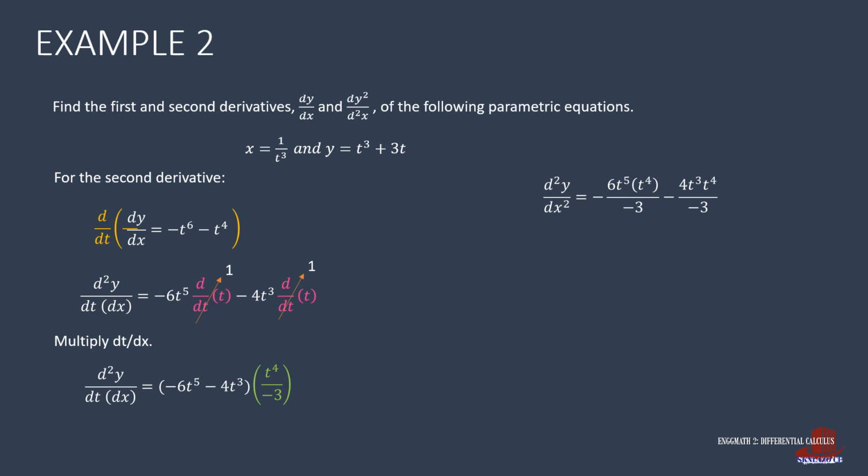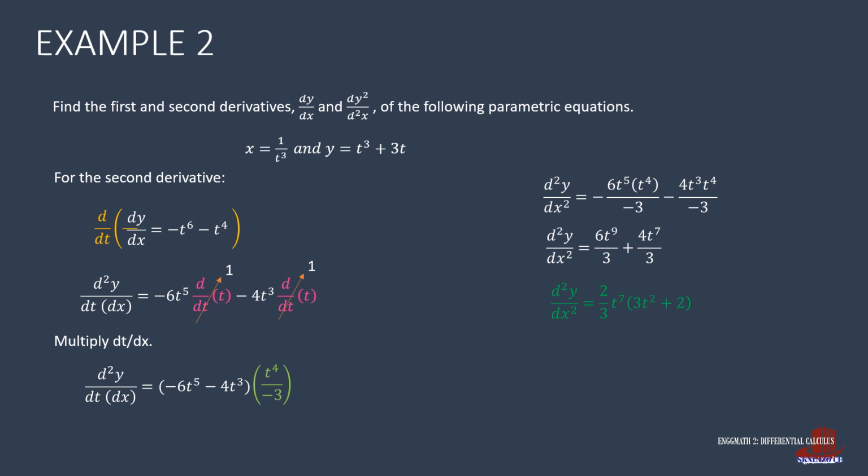The second term is 4t cubed multiplied by the reciprocal, which makes 4t cubed times t raised to 4 over negative 3. Collect similar terms, ending up with the second derivative of y with respect to x as 6t raised to 9 over 3 plus 4t raised to 7 over 3.